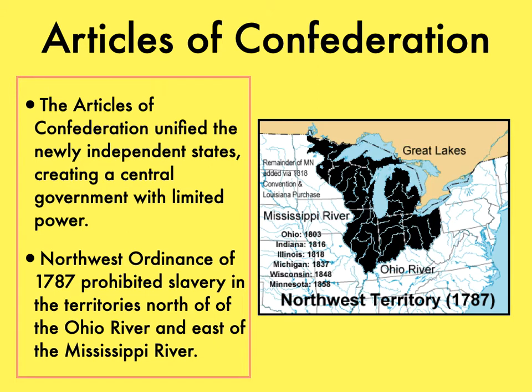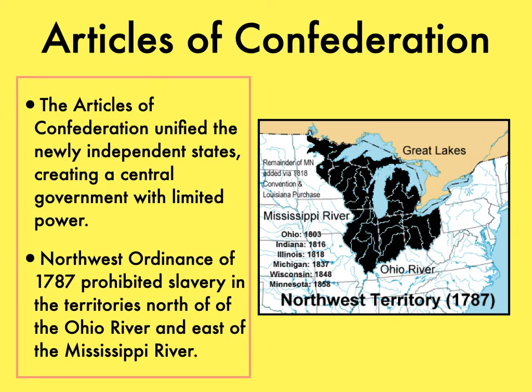The Articles of Confederation unified the newly independent states, creating a central government with limited power. It was adopted and tried to unite the 13 colonies under one governance structure during the War for Independence. By design, the 13 states were grouped loosely into this confederation.